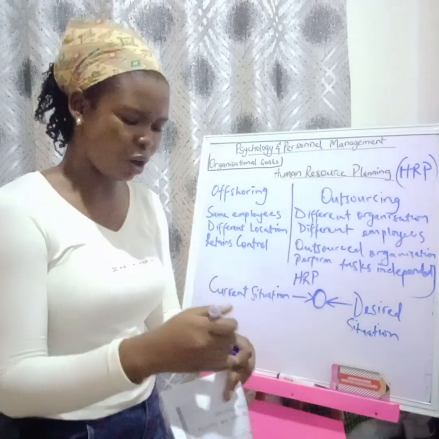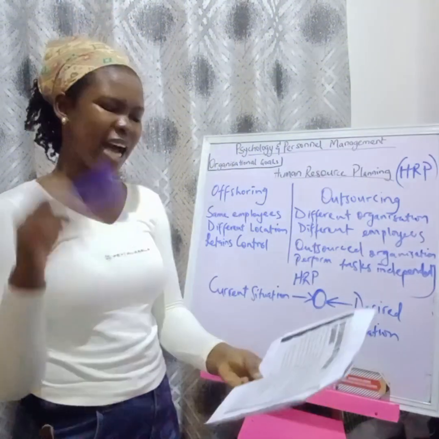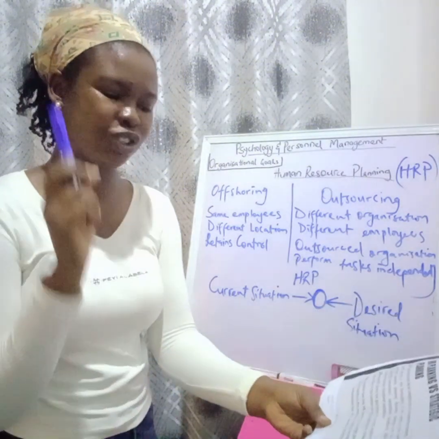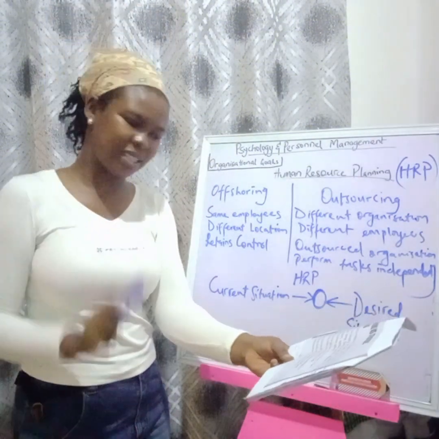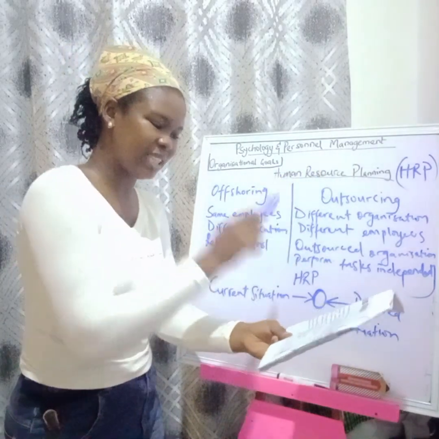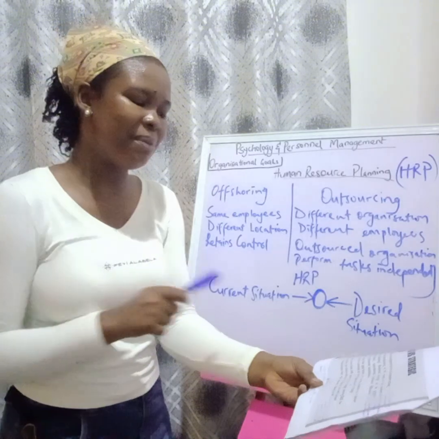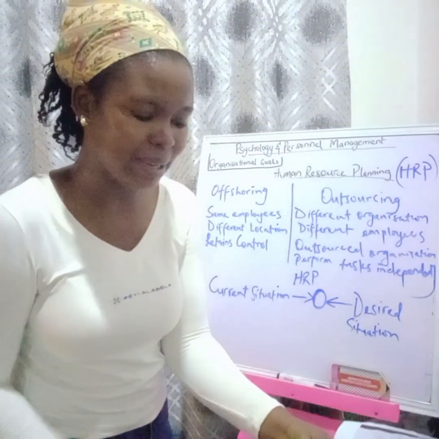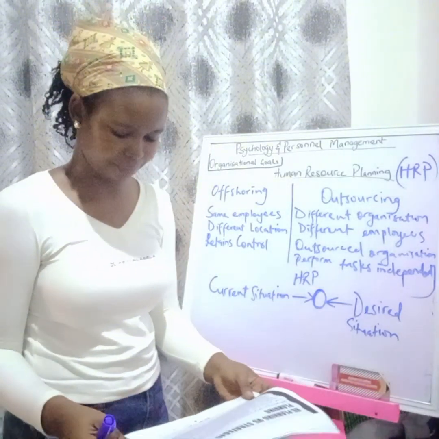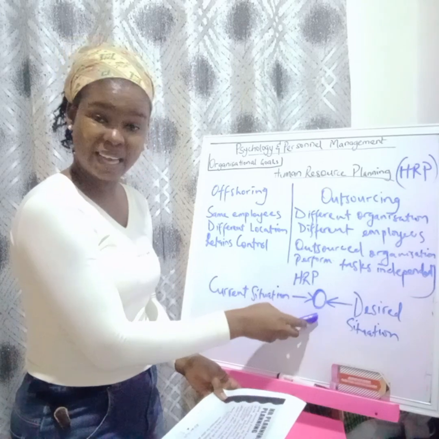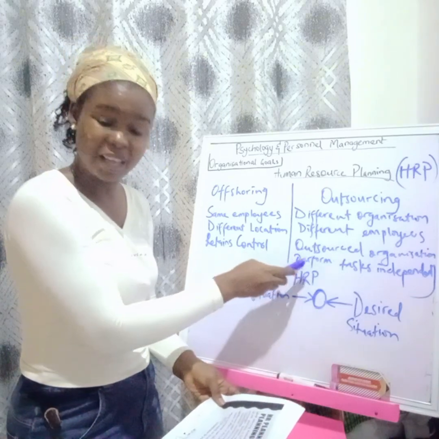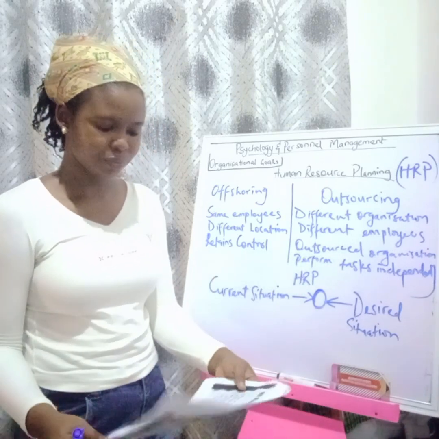So many companies now link HR planning to strategic planning, but the focus of HRP is mainly the reduction of what? Labor costs, with limited consideration for other elements related to HRP. This gap must close. And that's the essence of HRP.